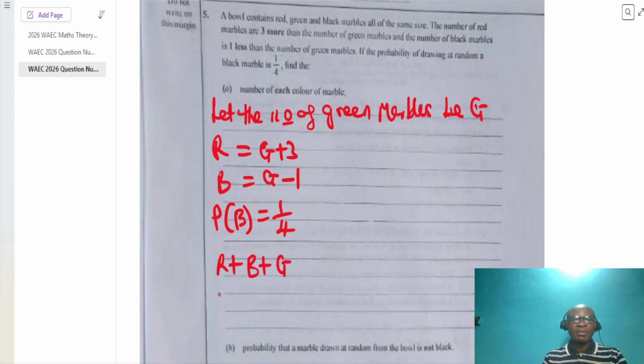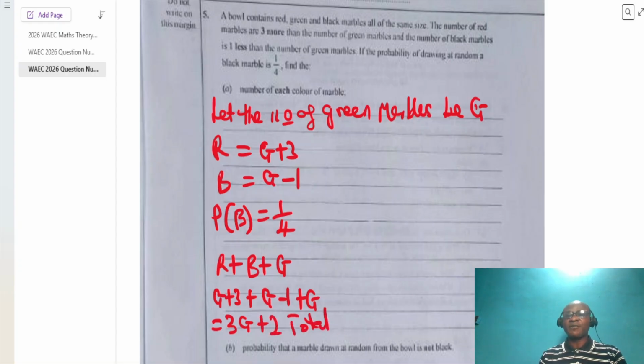The number of red is G plus 3, the number of black is G minus 1, and the number of green marbles is G. If I sum it up, G plus G plus G gives 3G, and 3 minus 1 gives 2, so 3G plus 2 is the total number of marbles.